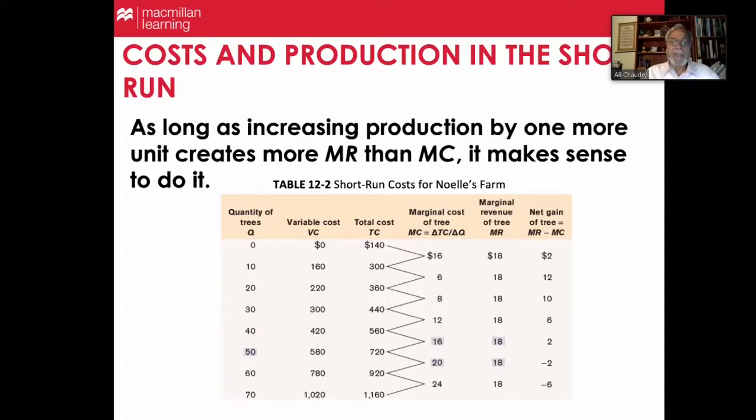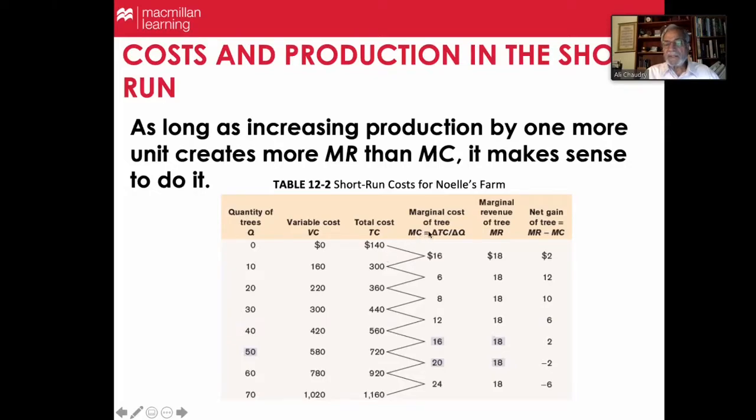Okay. Let's go to the next point. So when you are at 10 trees, what is the marginal cost of a tree? As we said earlier, going from 0 to 10, you got an increase of output of 10, right? And we see that the total cost has gone up by 160, right?